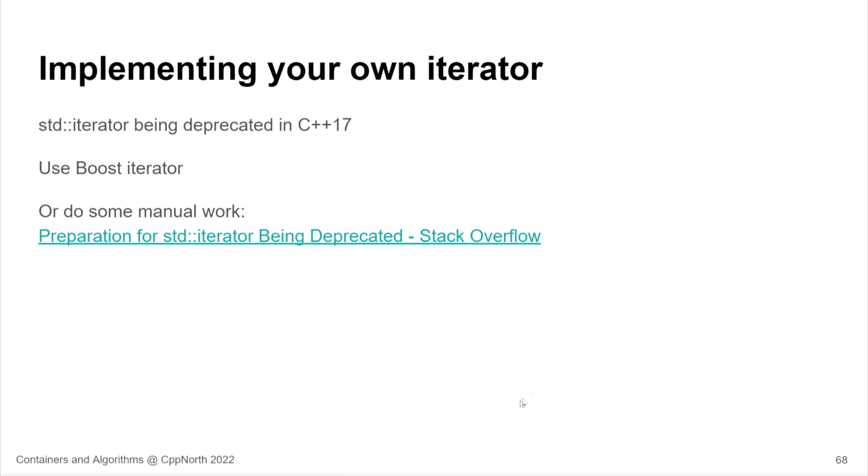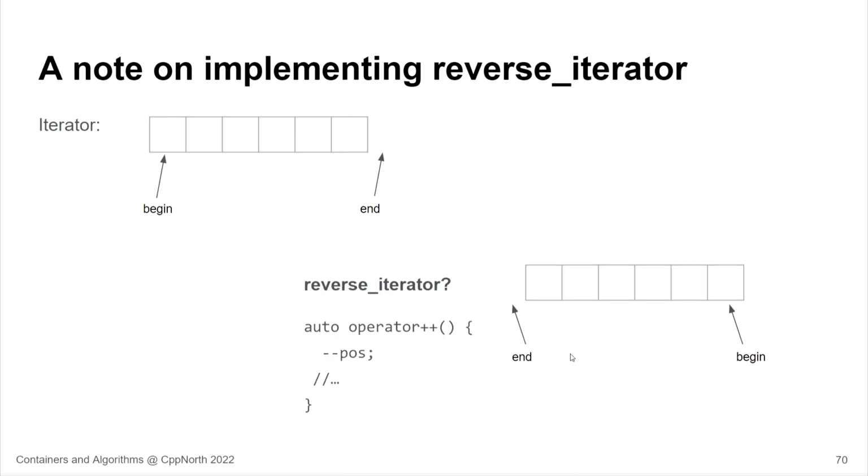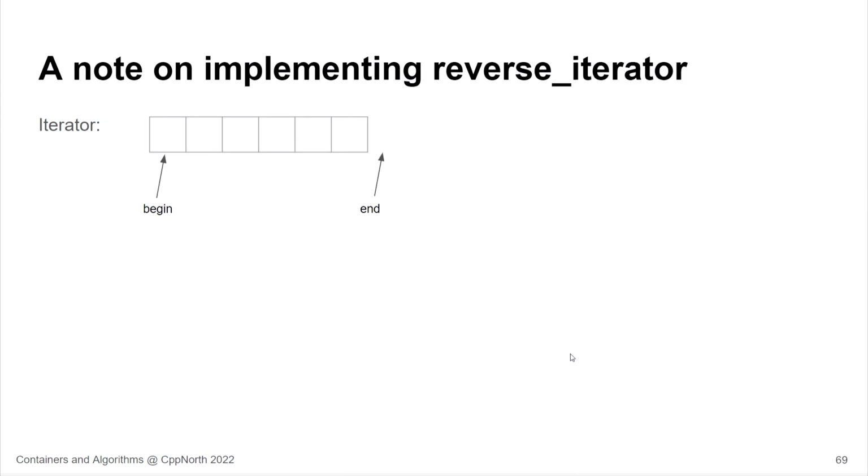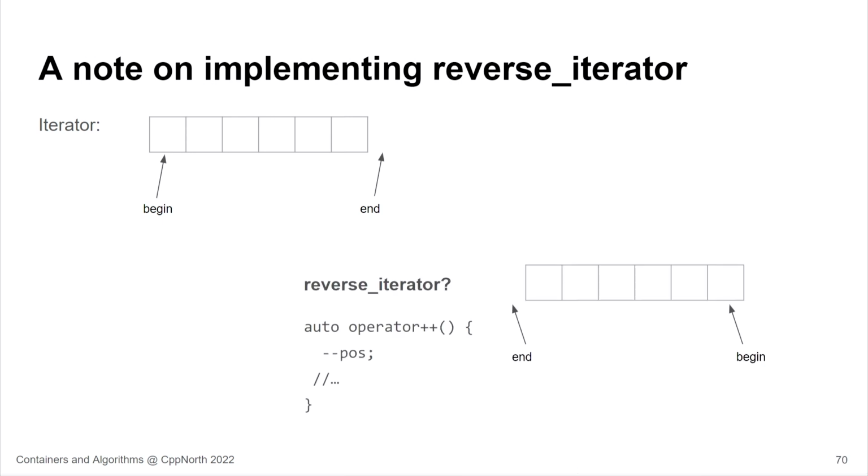Here is a link. Another question that we may ask is, how is reverse iterator being implemented? So this is iterator. The begin points to the first one, the end to the end. Would reverse iterator's begin point to the actual last one, the legitimate one, and the end point to one before the begin? What do you say? Is it a good implementation?